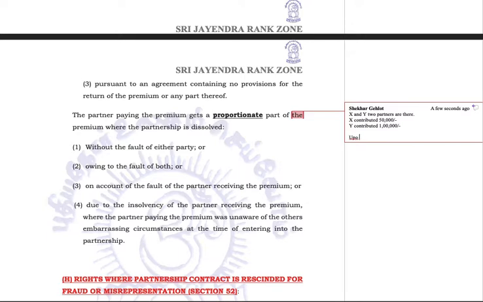Upon sale, the firm has assets of 70,000 only. Now he will get twice what X gets, because Y paid twice the amount X paid, so he will get proportionate. That means he will get twice what X will get.